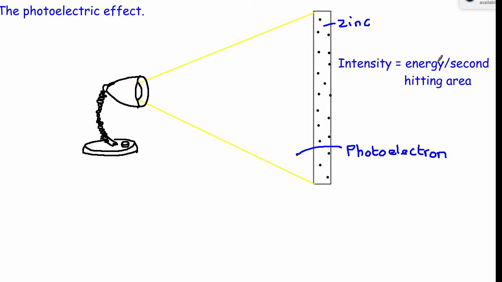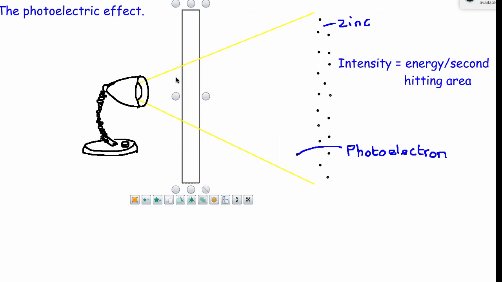Intensity is the amount of energy that hits a certain area every second. So we've got this light that's giving out light energy. It's hitting this area of the metal sheet, and the amount of energy that hits it per second is the intensity. And you could imagine that if we took this metal sheet and we moved it closer to the light like this, then the energy is being absorbed by a much smaller area.